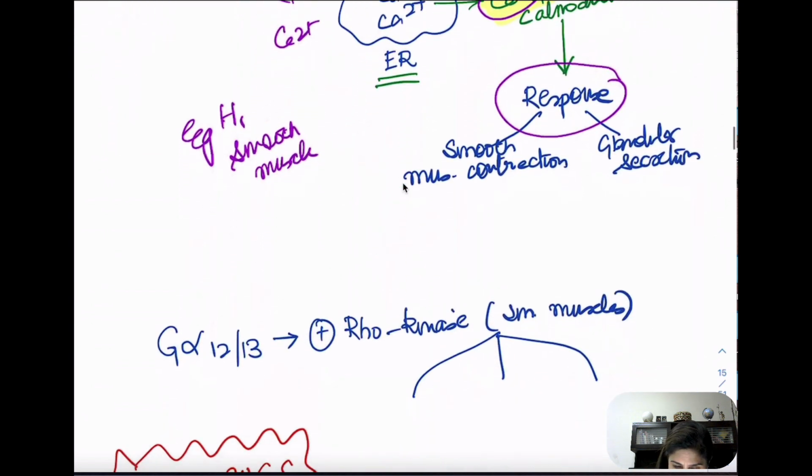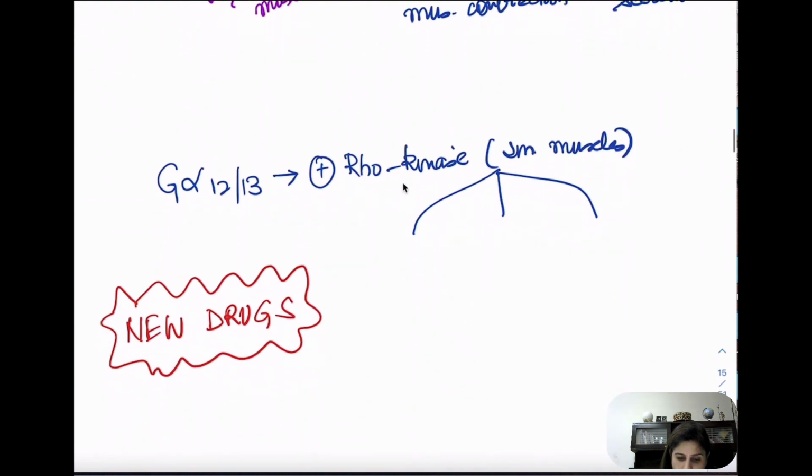And lastly, there is a special type, because there are new drugs associated with G alpha 12-13. It stimulates proteins called rho kinase, which are present in the smooth muscles. So when it stimulates rho kinase in muscles, what happens?